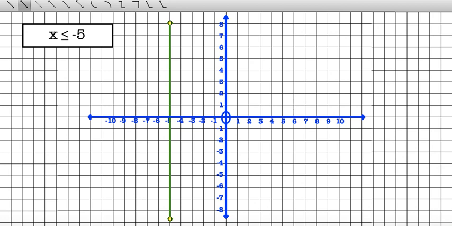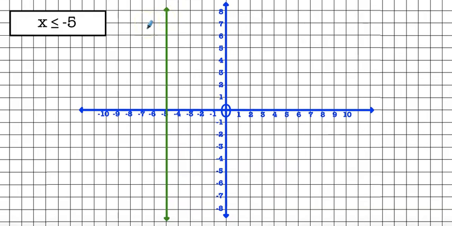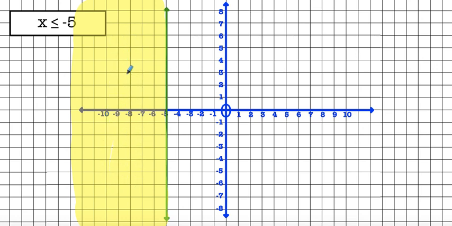And because x is less than, we're going to shade to the left, because all of our numbers to the left are less than or equal to -5. And that's it.